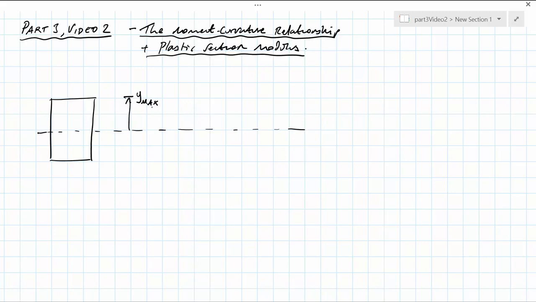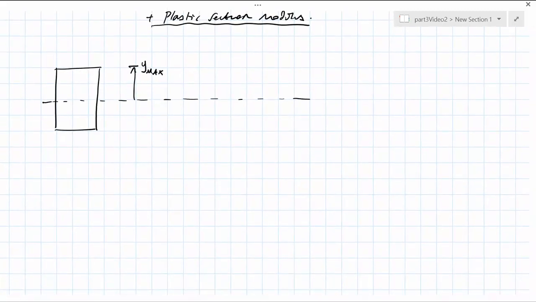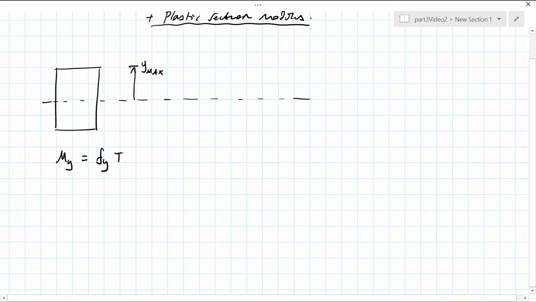From elasticity, the yield moment is given by the following expression. My is equal to the yield stress, Fy, times the second moment of area divided by the distance to the extreme fibre, y max.